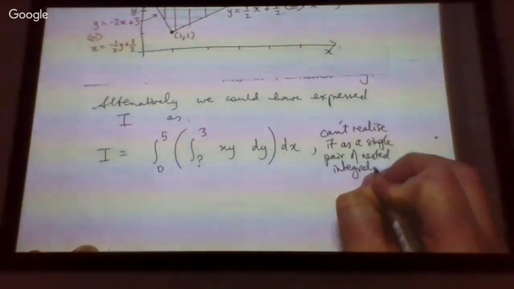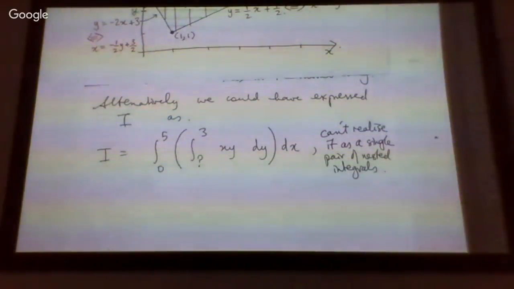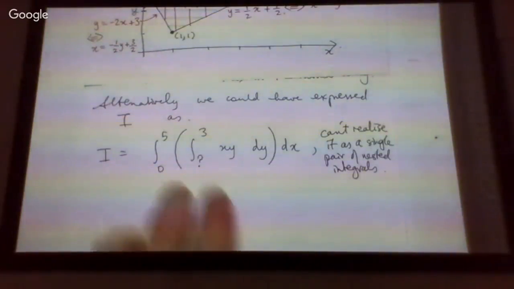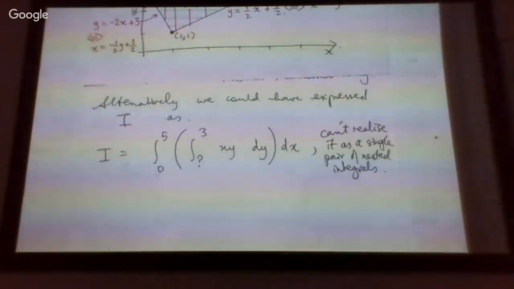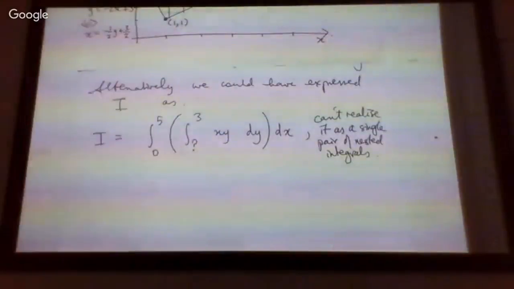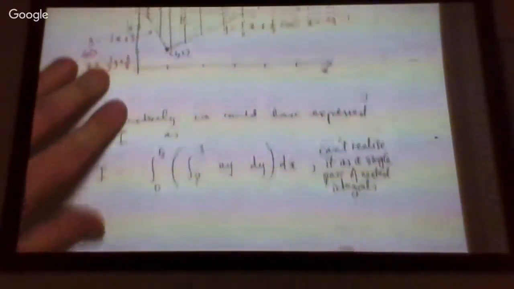Everyone familiar with the way I'm using the word nested? It means one inside the other, like those Russian dolls. You have one doll inside another one. This inner integral is inside the outer one, so they're nested. So you've got to split it up.